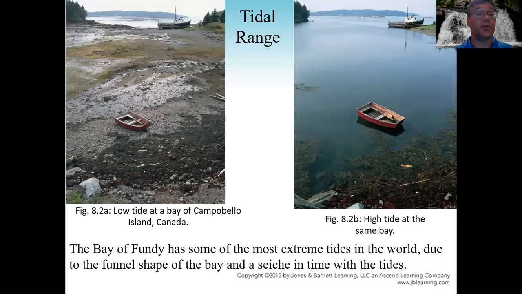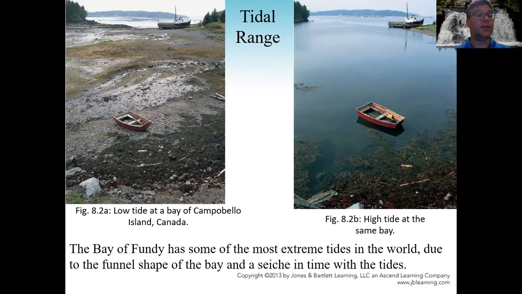Some places have quite extreme tidal ranges. This is one of the most dramatic, the Bay of Fundy, southeastern Canada. And you can see how far out the tide is low versus high in the two pictures here. Now, the tourist information claims that these are the highest.